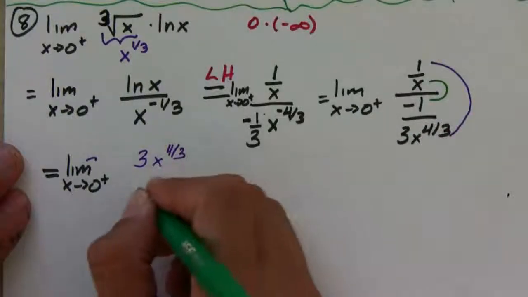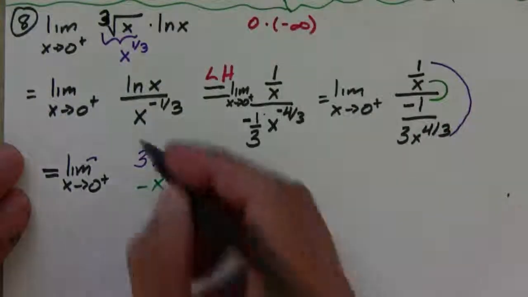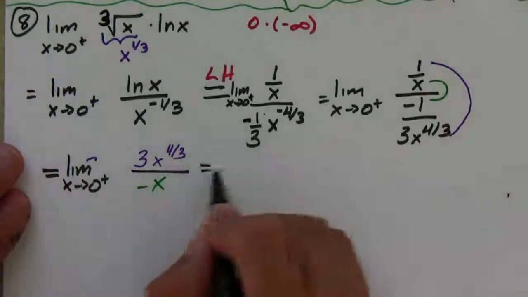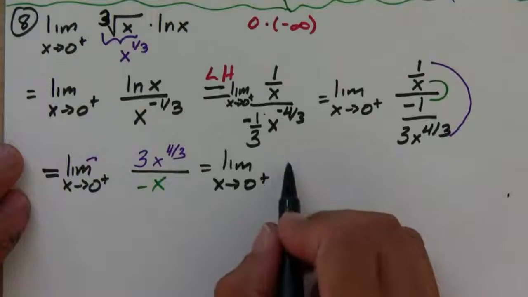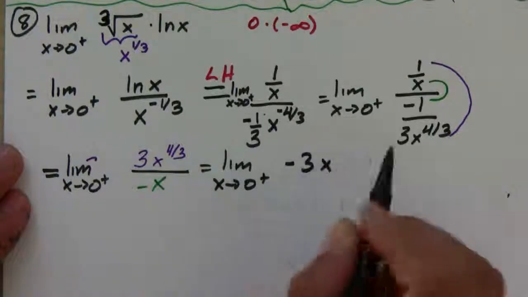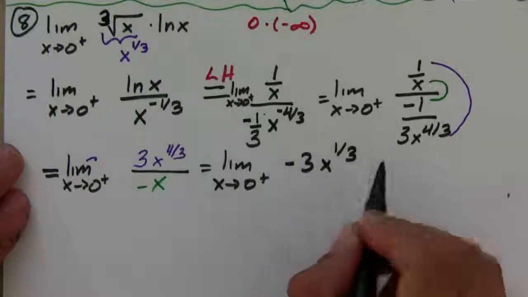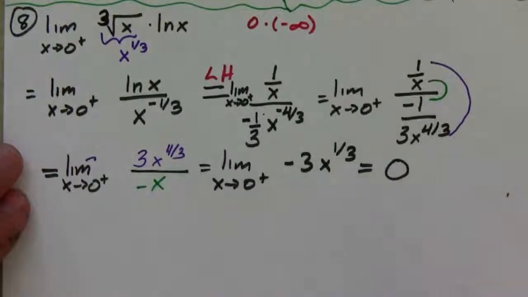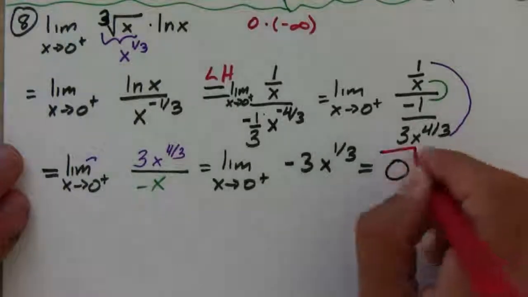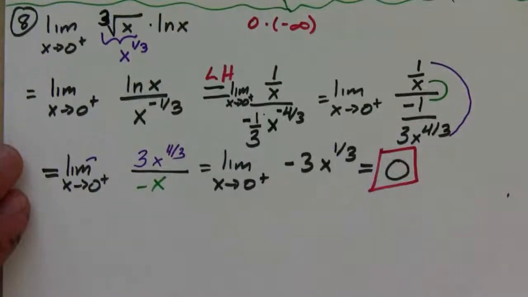These guys go on bottom. And this is equal to the limit as x approaches 0 from the right of negative 3x to the 1/3, because you subtract the exponents, and this is equal to now just 0 by plugging it in. And that's it. We're done.